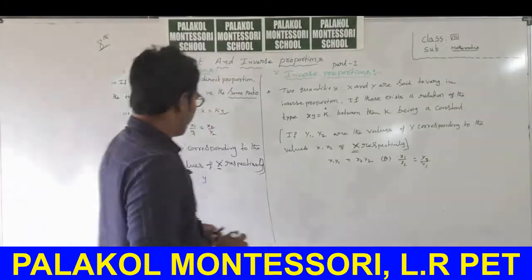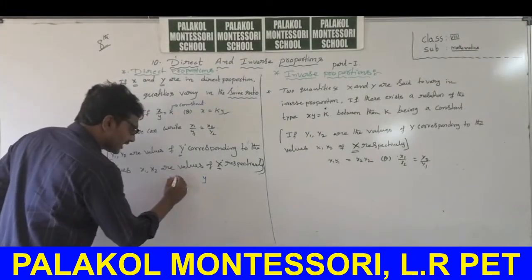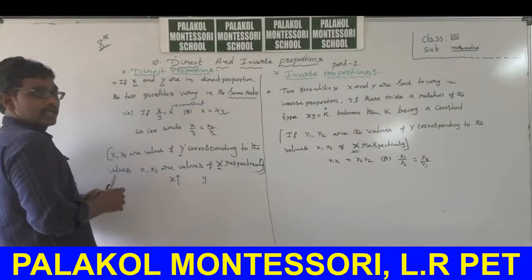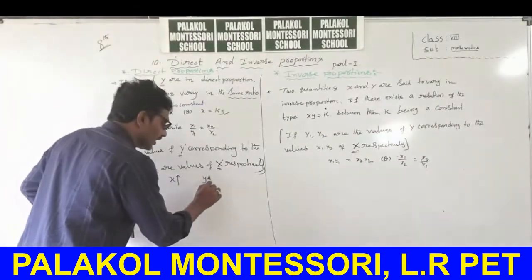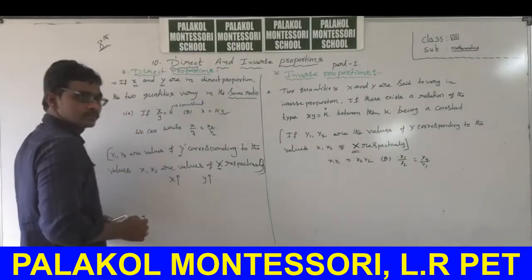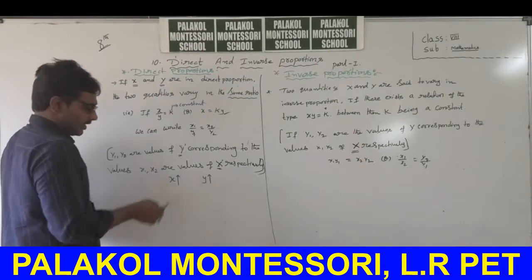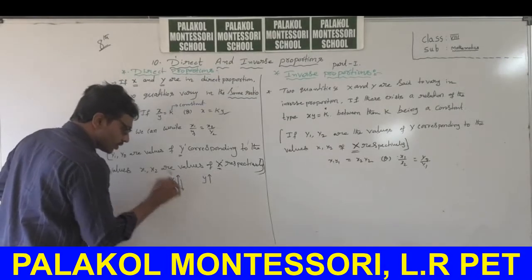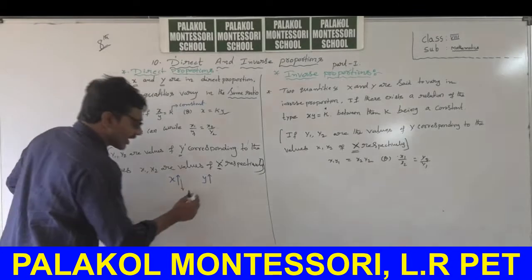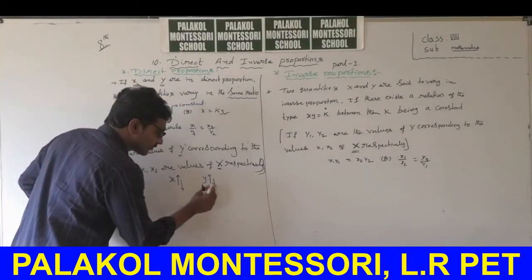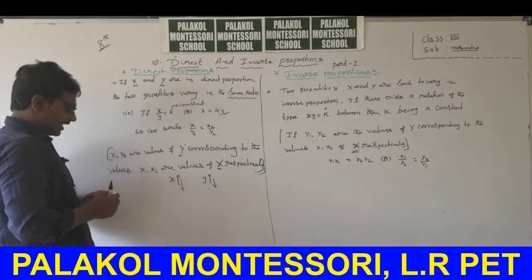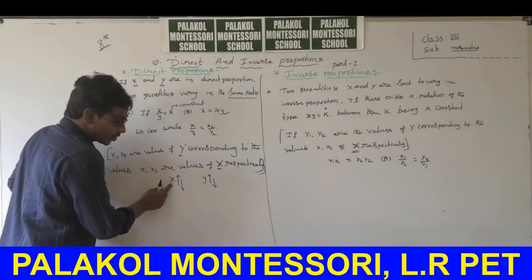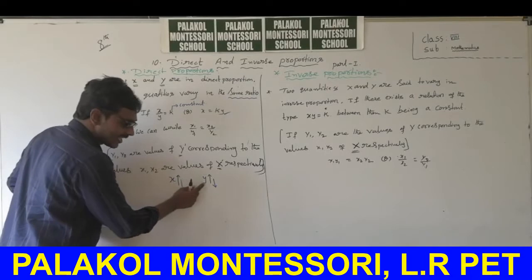Suppose the first quantity gradually increases, and simultaneously the second quantity also gradually increases. Is it clear? If the first quantity gradually decreases, the second quantity also gradually decreases. Once again remember that. Now I have taken two quantities, one quantity is x, another quantity is y.